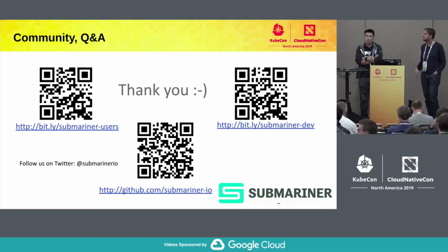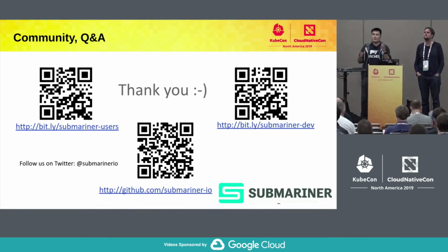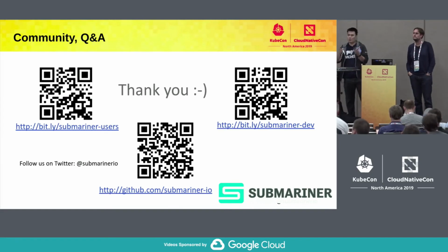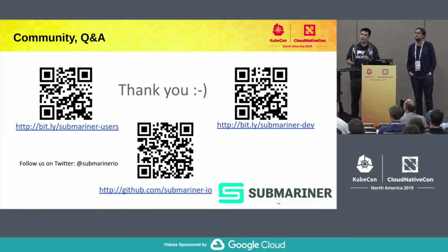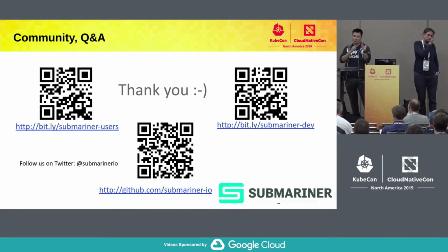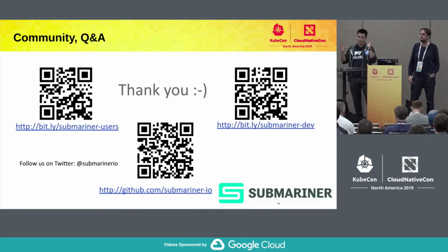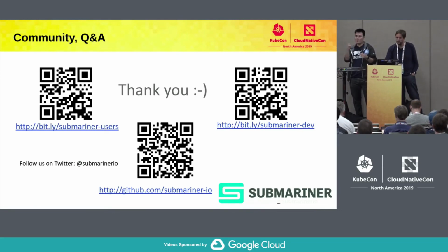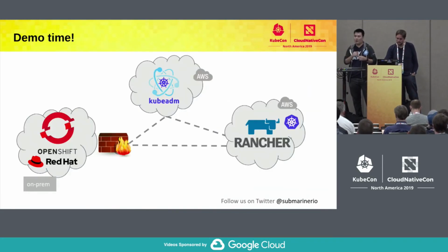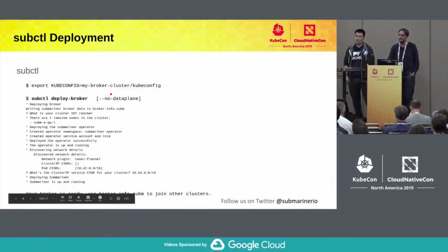Yeah, so you don't need a third cluster for your broker. The conventional use case has been two clusters that you want to connect together, and if you have a public API server for one of those two clusters, you can designate that. Or if the two clusters can dial each other's Kubernetes API servers, maybe one way or the other, you can get away with just two clusters in the architecture.